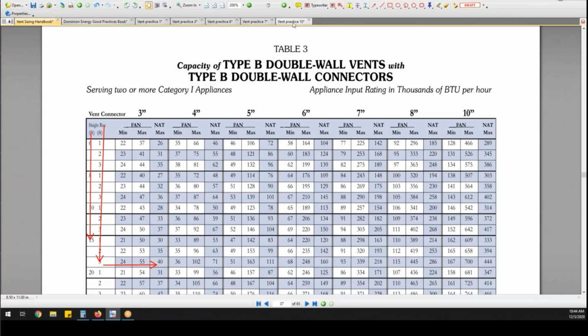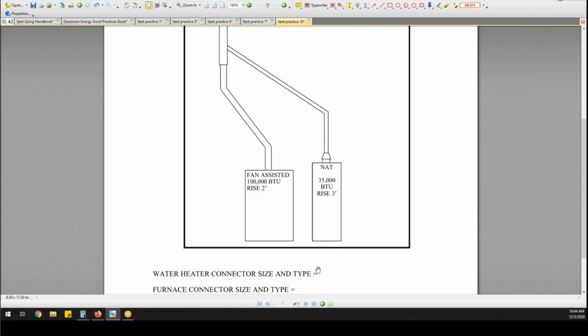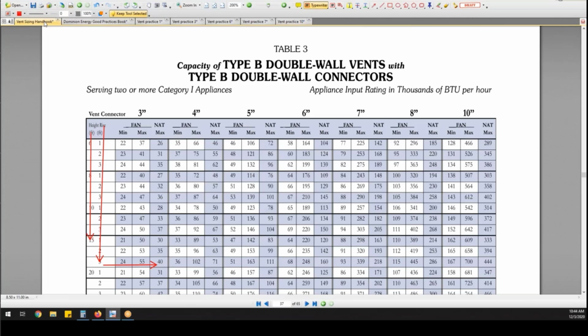So I'm going to go over here and my water heater connector size and type. I have determined that I could do 3-inch B vent. Okay. Let's go over and see if we can do the water heater connector with single wall pipe now.